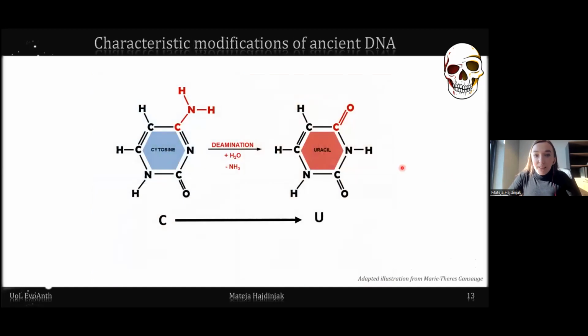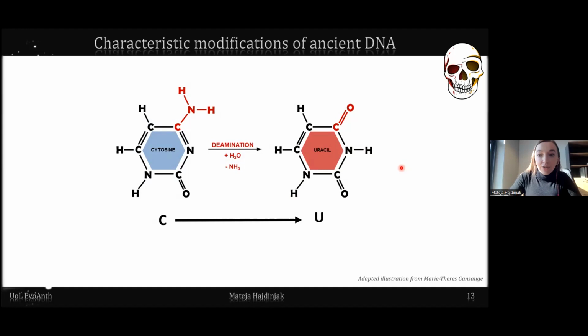And I mentioned already these certain modifications that happen in ancient DNA. And those modifications are actually some sort of a blessing, if you will, because there are certain modifications which are characteristic for ancient DNA and can help us distinguish true endogenous DNA from the contamination.